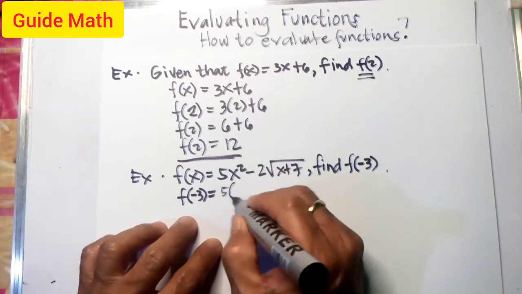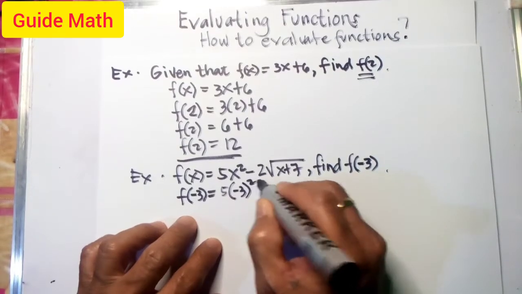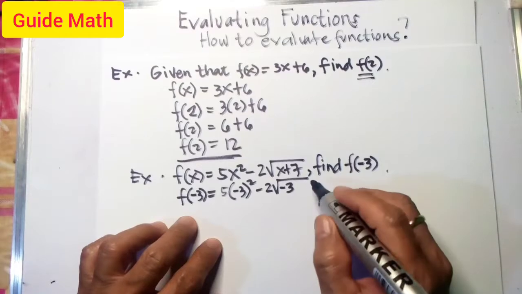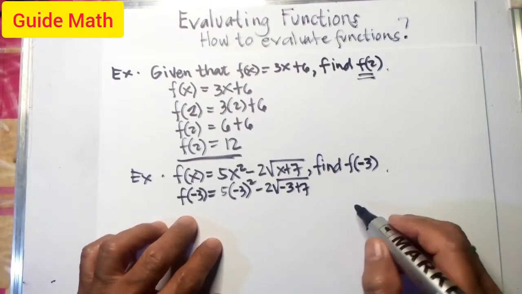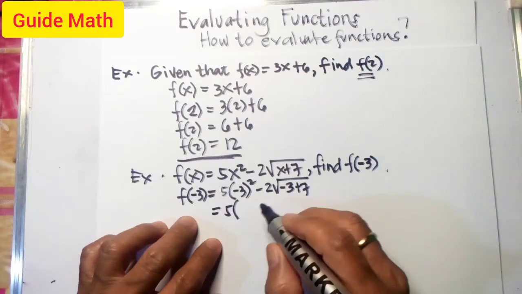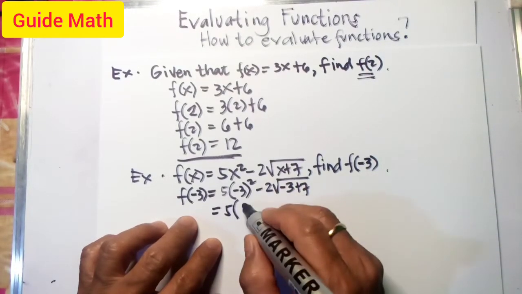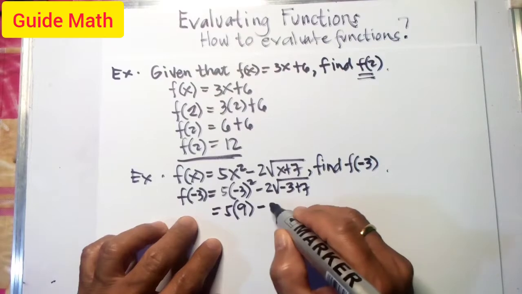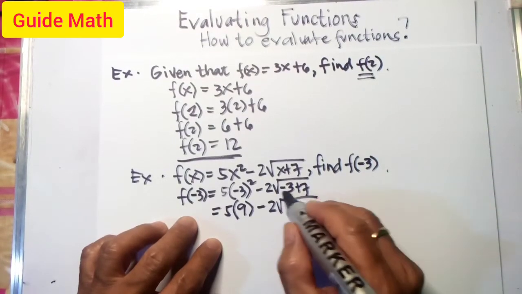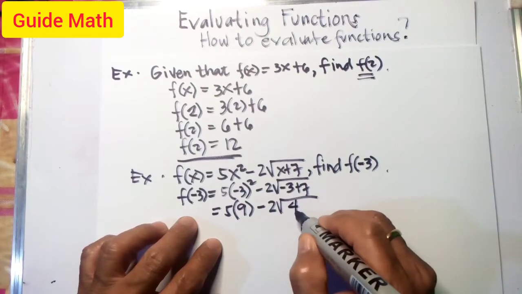We have 5 times negative 3 squared minus 2 square root of negative 3 plus 7. So continuing, we have 5 times negative 3 times negative 3, that is equal to positive 9, minus 2 square root of, combining our radicand here, negative 3 plus 7 is equal to positive 4.